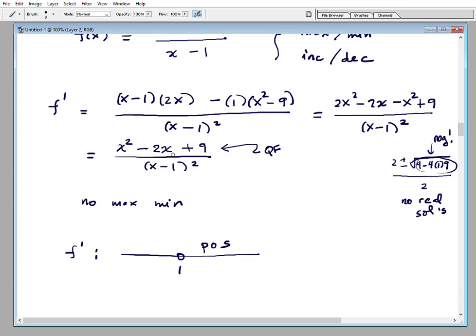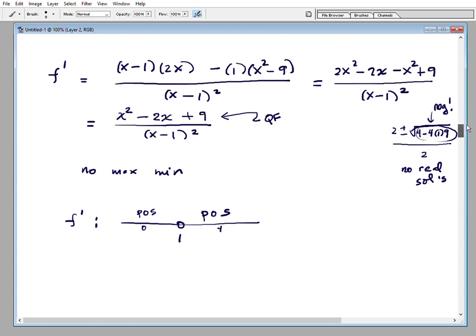We're substituting into f prime. Let's say we substitute in 0. That's an easy one to substitute in. We get 9. And here we have something positive. So we have positive. All right. Okay, so that's the plus minus analysis. F prime positive, F is increasing.